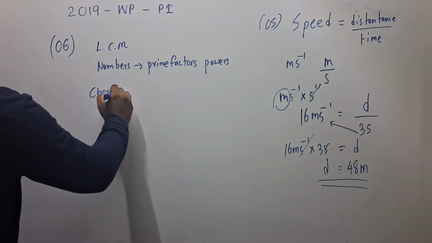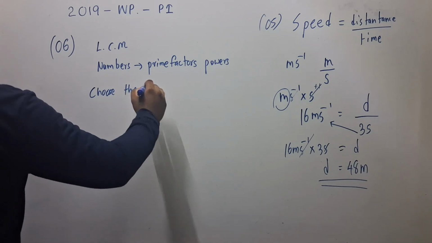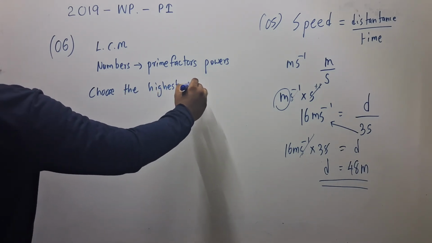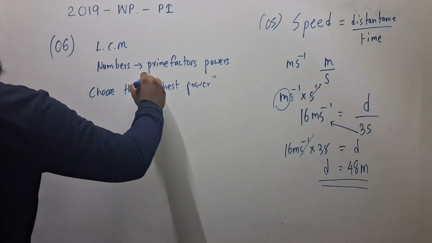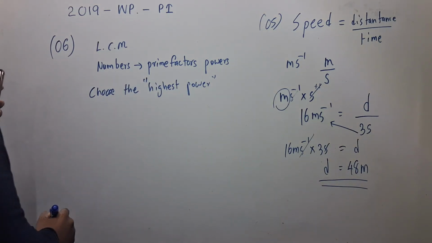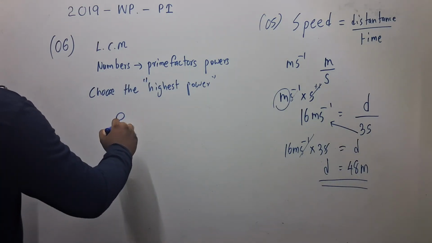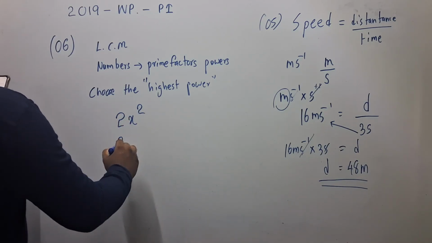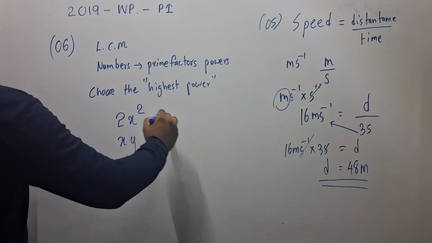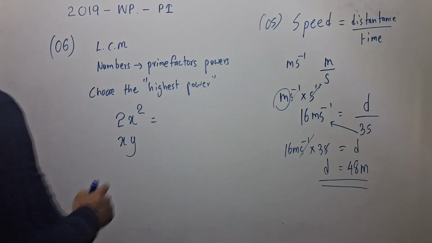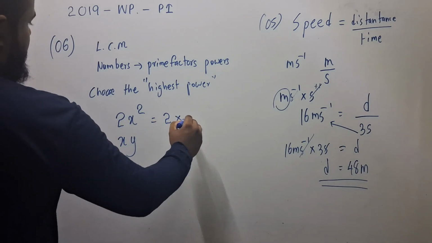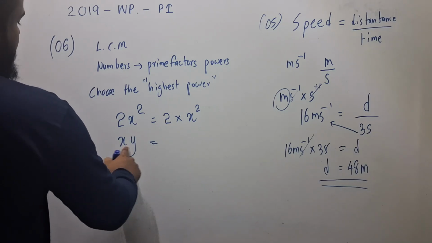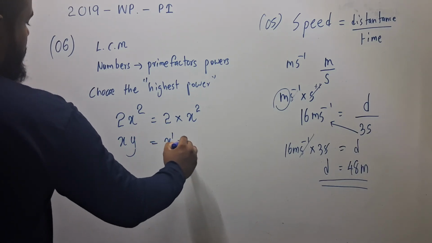And algebraic values, you have to write from factors. Choose the highest power. The given expressions are 2x to the power 2 and xy. 2x to the power 2 can be written as 2 times x to the power 2. xy can be written as x to the power 1 into y to the power 1.